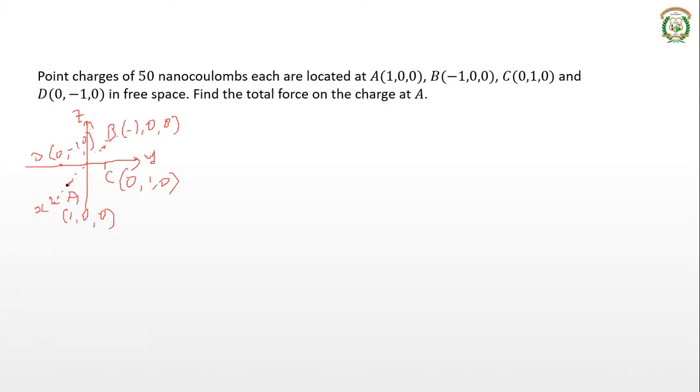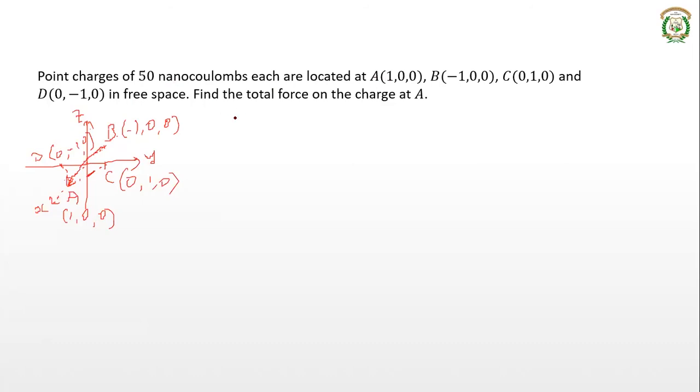This is actually a combination of the force on point A due to point B, the force on point A due to point C, and the force on point A due to point D. So you need to take the sum of the 3 different forces. First we will write the given things. The charges are given as 50 nanocoulombs.